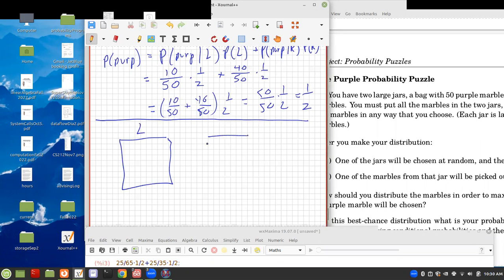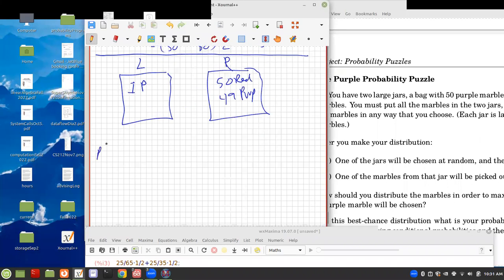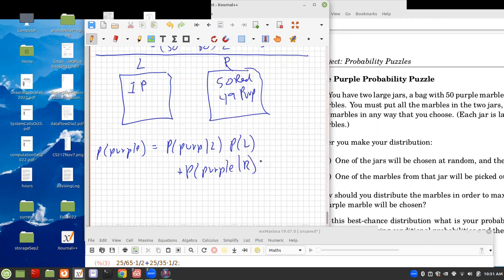Someone put up here, let's look at that one now. We have 1 purple on the left and 50 red and 49 purple over here. Okay, well, let's see that. That's the same thing. The probability that it's purple equals probability purple given that it's on the left times the probability on the left plus the probability of purple given that it's on the right times the probability on the right.